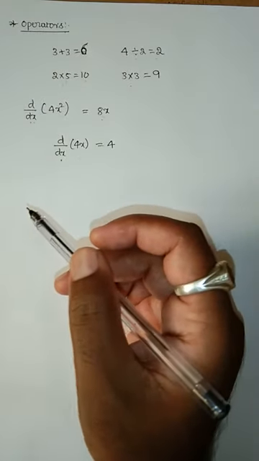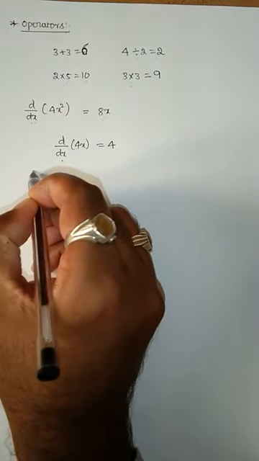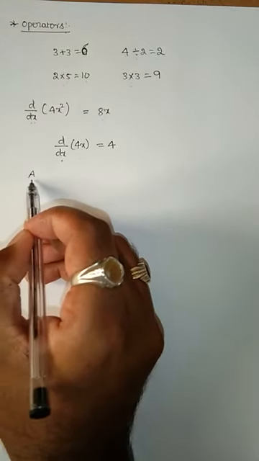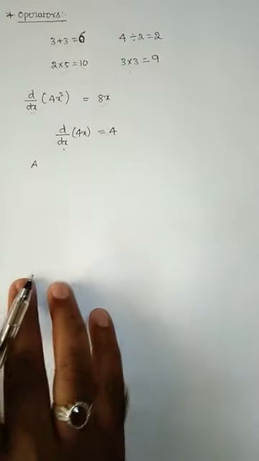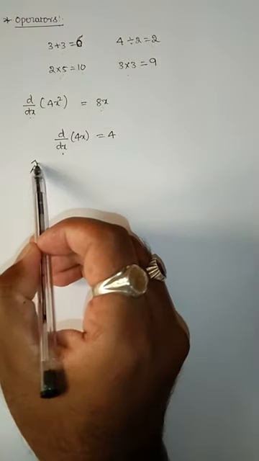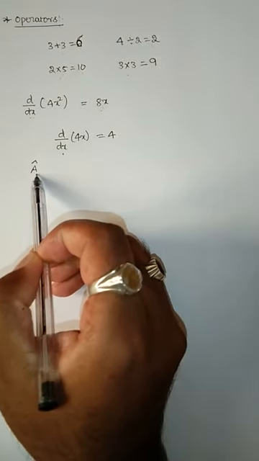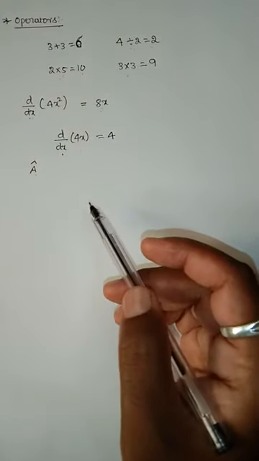Let us generalize with respect to quantum mechanics. In quantum mechanics, if you say A is an operator, in order to represent that as an operator, we place a cap on it. So any parameter with a cap on it is considered an operator in the field of quantum mechanics.